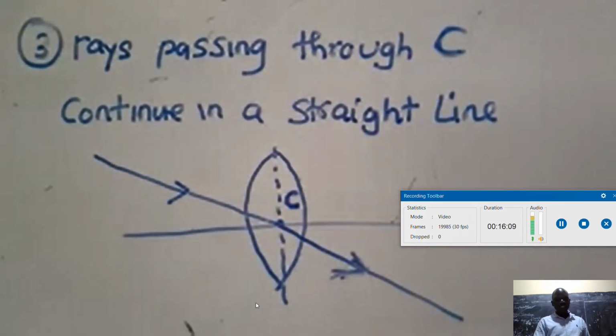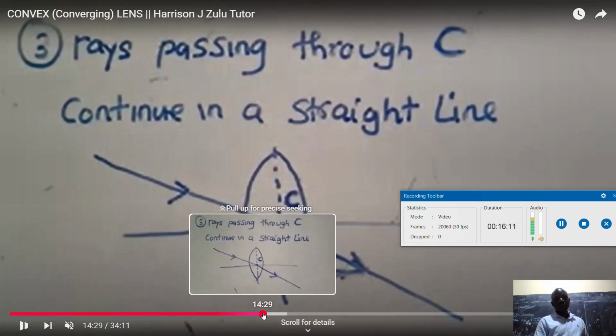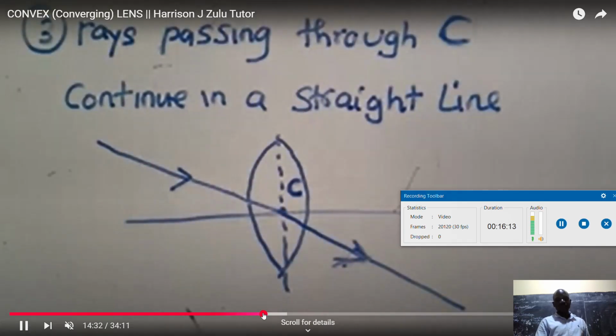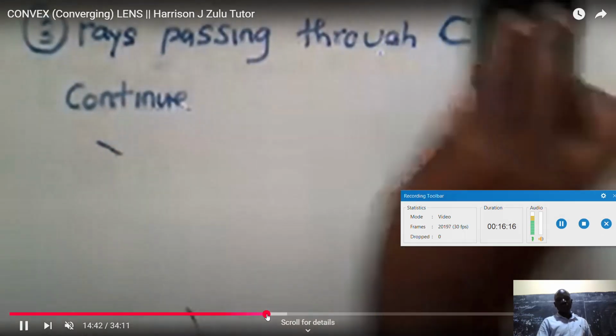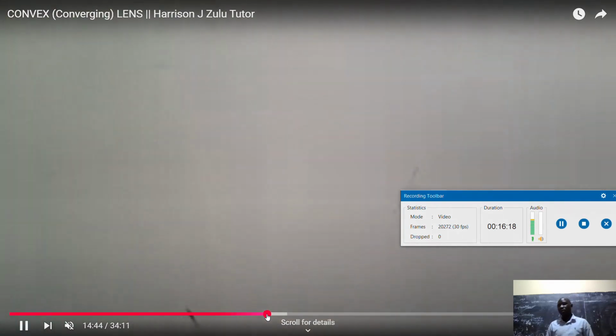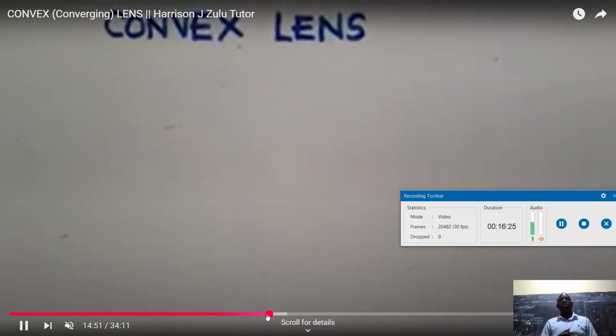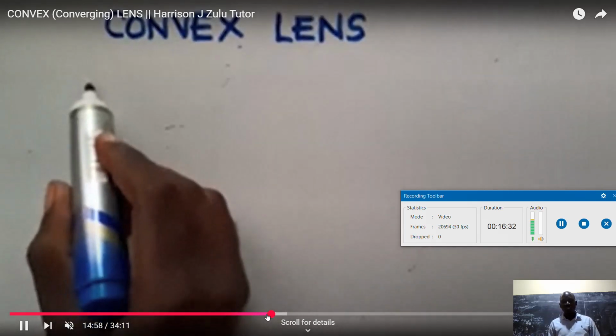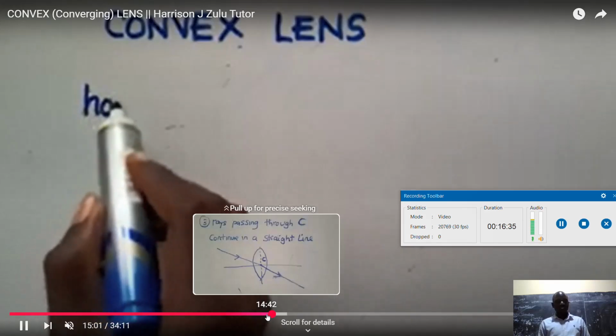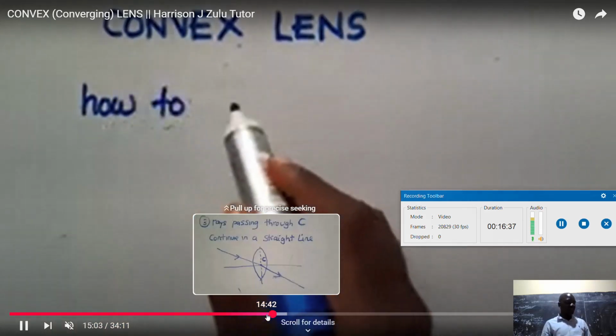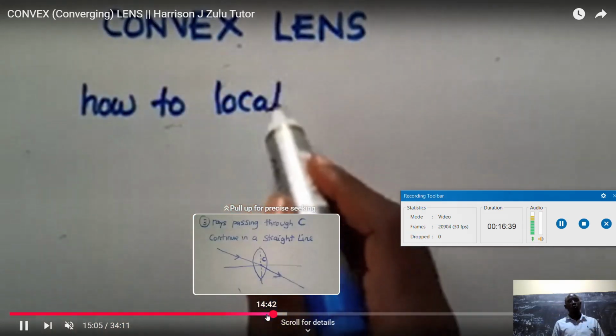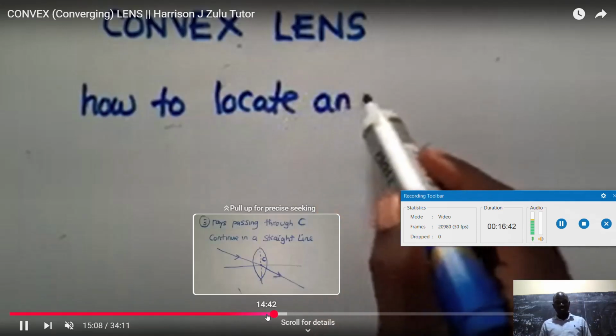So those are the 3 rules which we shall use to guide ourselves when we are going to draw the ray diagrams. These ray diagrams which we are going to represent today are what is going to guide us when we are going to locate the image of these objects, which are at different positions in front of mainly a convex lens.